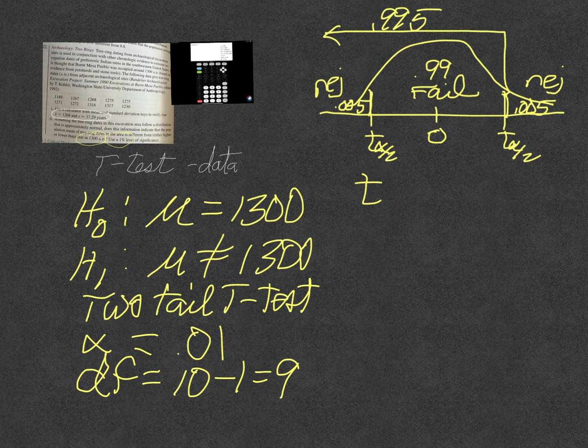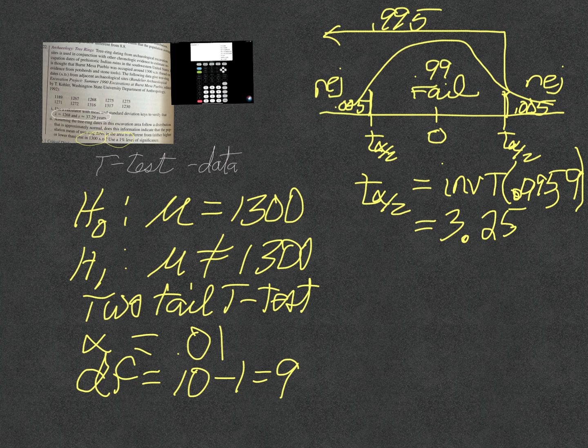So t sub alpha over 2 is equal to, since we know the probability, that means we want the t-value. So this would be an inverse t, and the probability would be 0.995, and the degrees of freedom would be 9. Okay, and that's what we enter on that calculator step. So I'm going to go do that.